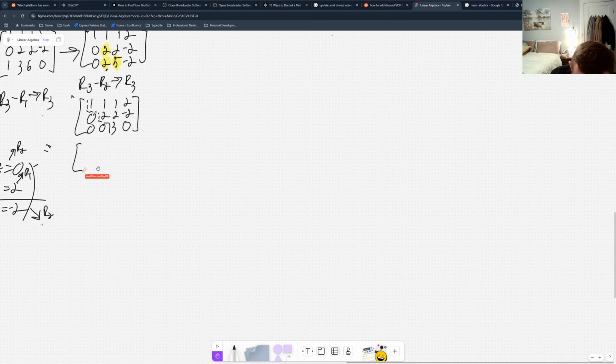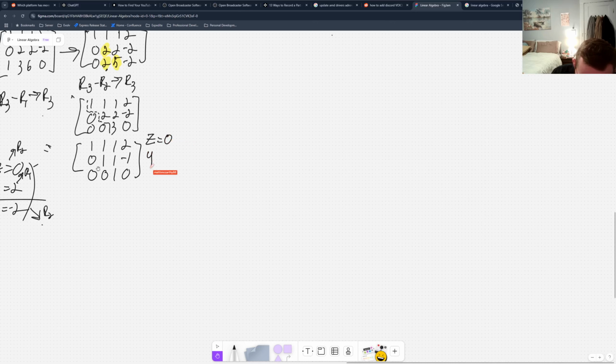For the second row, we'd have 0, 1, 1, negative 1. And then we'd have 0, 0, 1, 0. Exactly. If we plug this back into what we're familiar with, we'd have z equals 0.